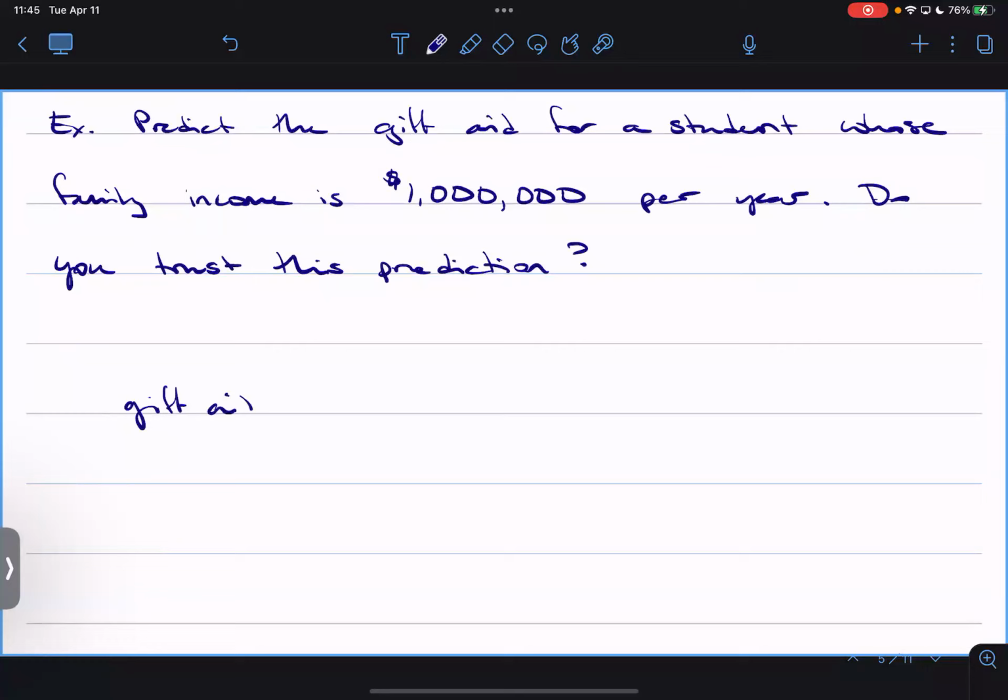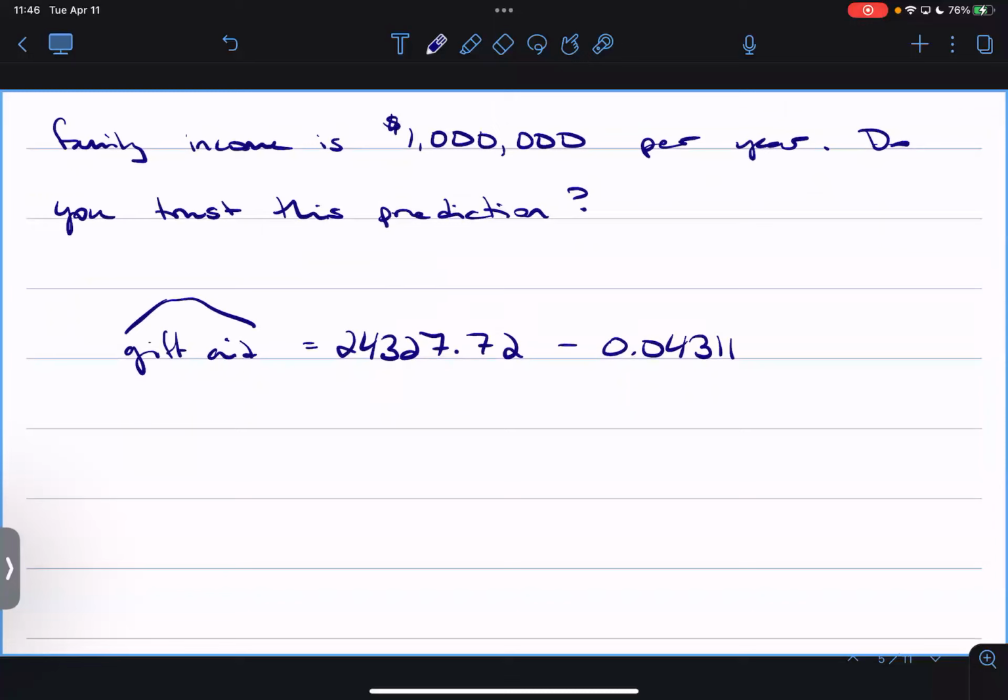So I've got the predicted gift aid: 2432772 minus 0.0431 times the family income. These might be slightly off because I don't have the rounded values here, which is kind of sneaky of me, I guess. Close enough though.